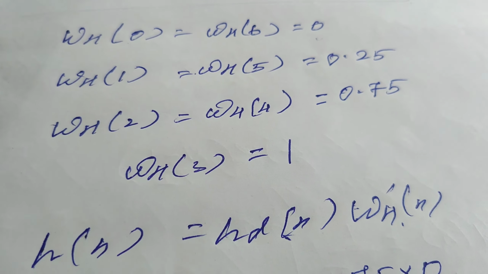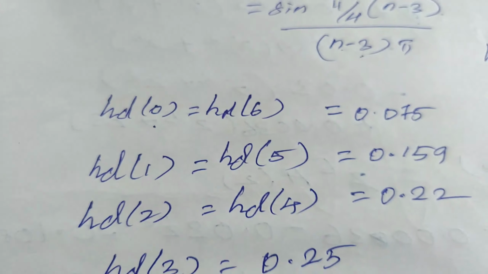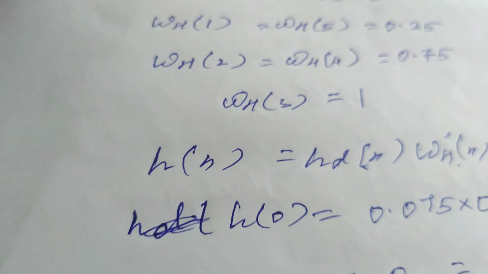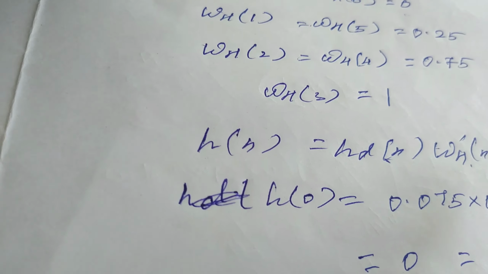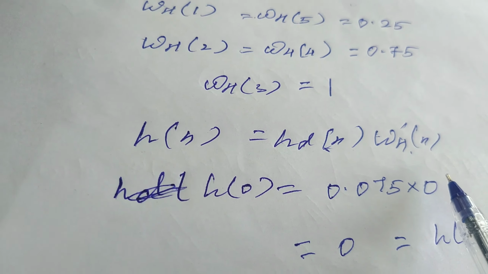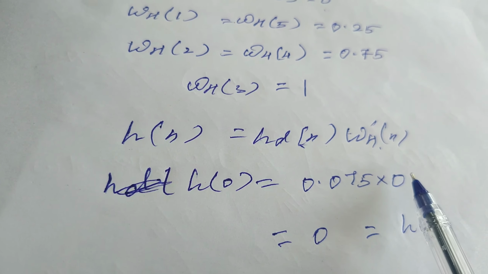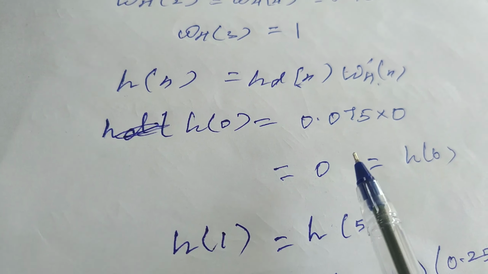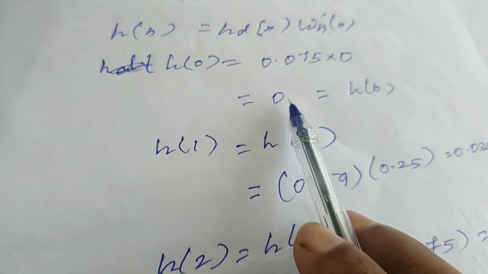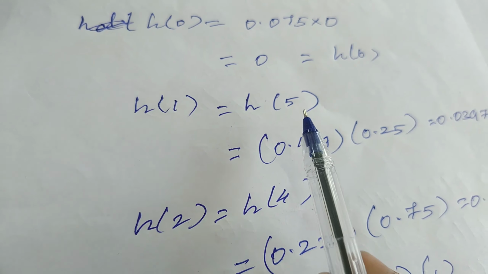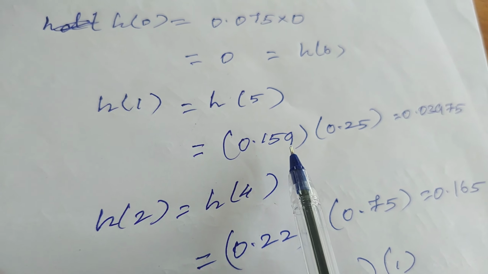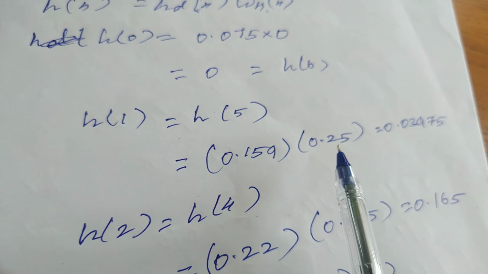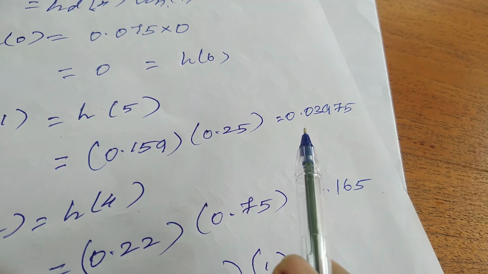Now we can multiply our window sequence with these Fourier coefficients. Therefore h of n is equal to hd of n multiplied by wh of n. It is a one-to-one multiplication, and both are causal. h of 0, which is equal to h of 6, after multiplication we get 0. Similarly h of 1 equal to h of 5, after multiplying hd of 1 and wh of 1, we get this.